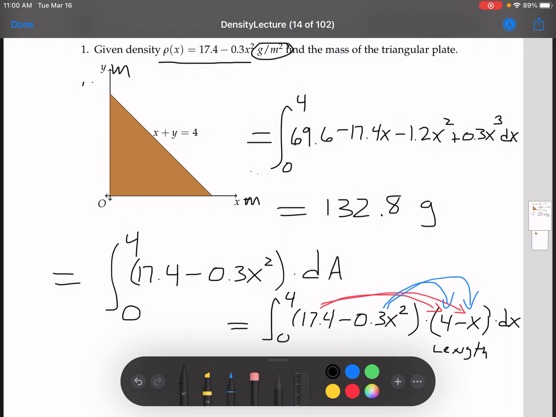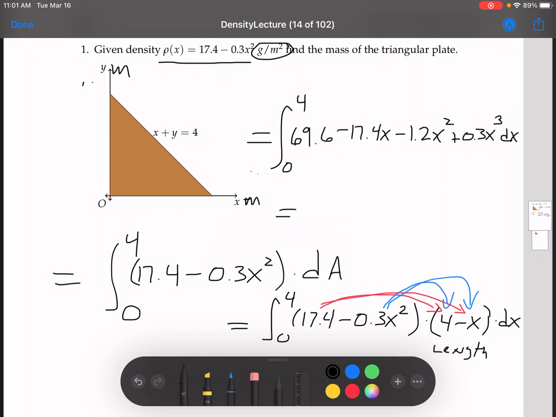So the units on dA are going to be meters squared, and the units on rho are grams per meter squared. So grams per meter squared times meters squared is going to be grams. So that's why our final answer, the units are grams.